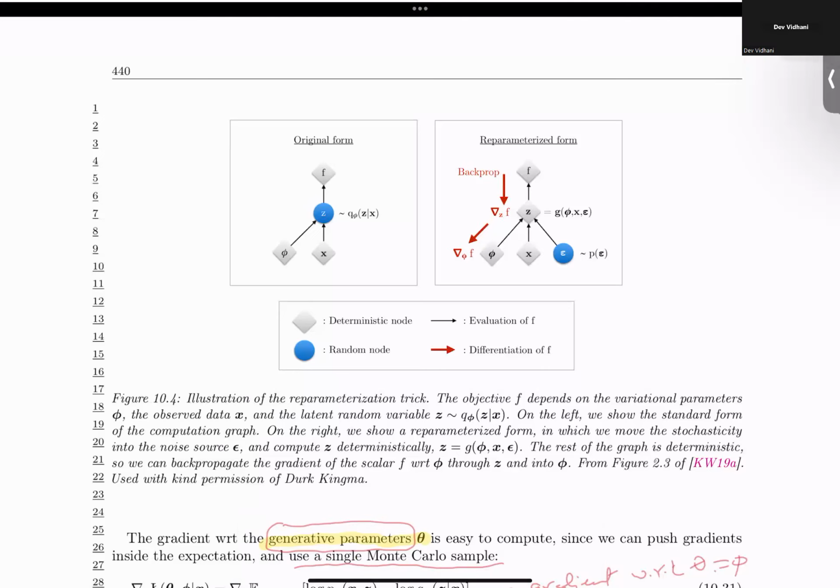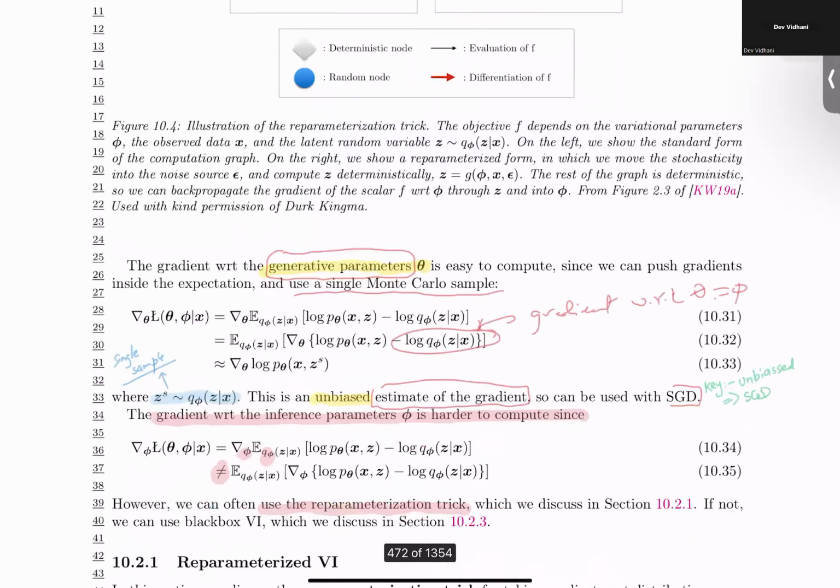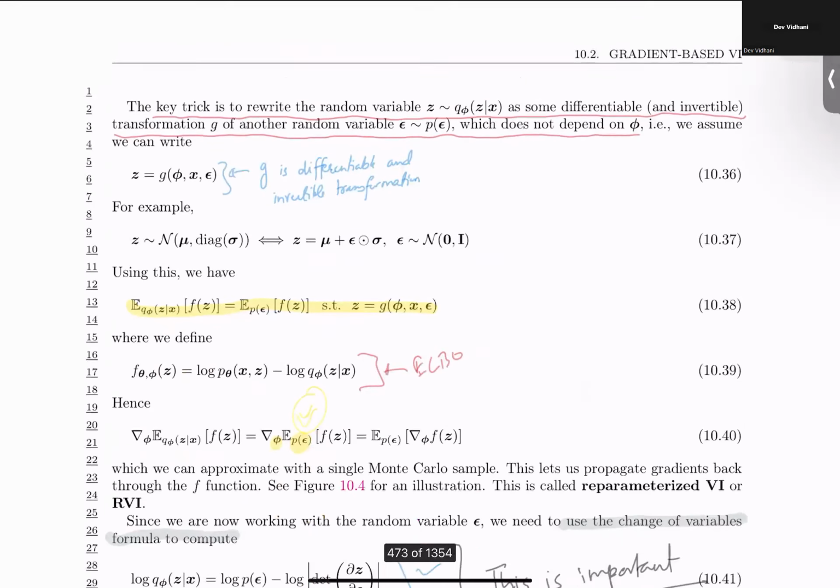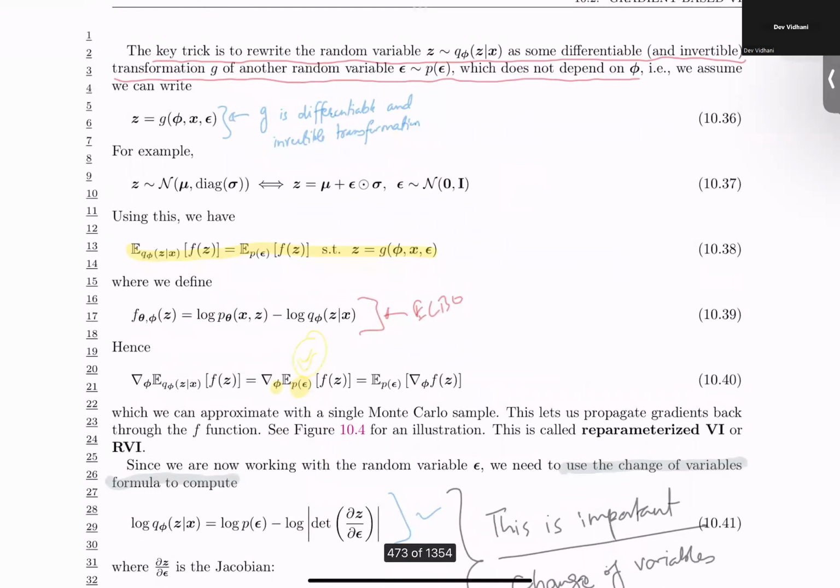Yes. Only other thing that I'll add is, and if I may go back to the picture, which may kind of show what you were saying, is equation 10.37 is the change of variable equation, where if you are sampling Z from a Gaussian with mu and sigma, it could be anything between mu plus whatever sigma, based on the distribution, you'll get that.